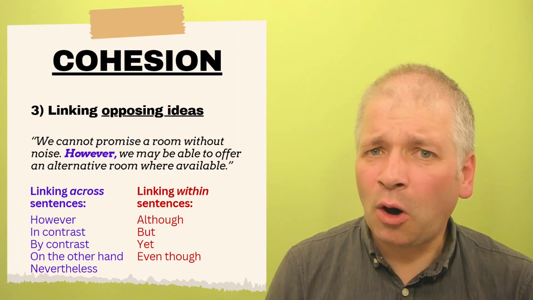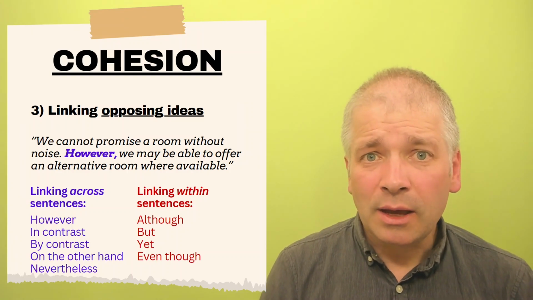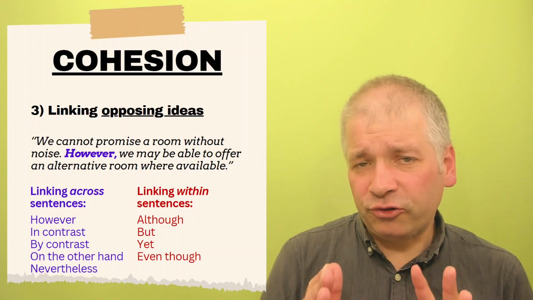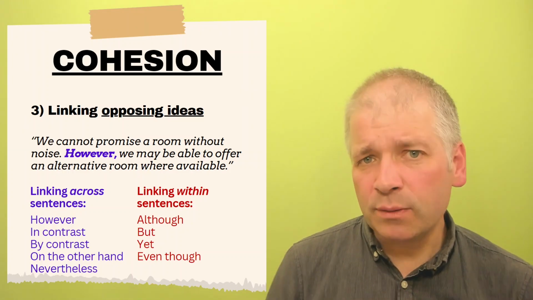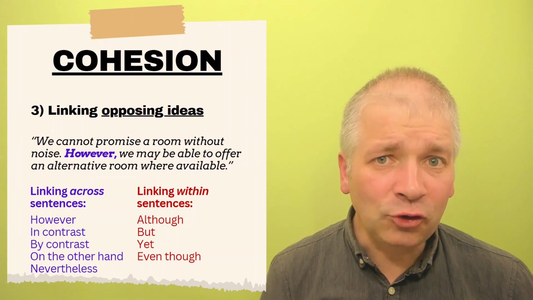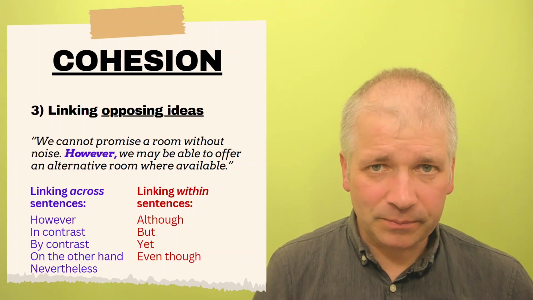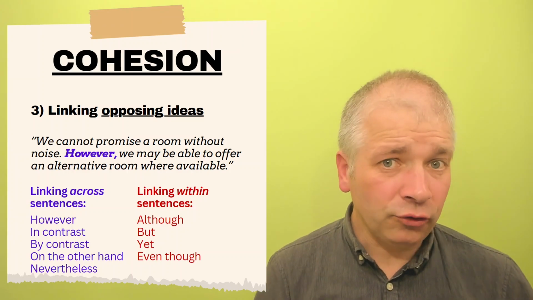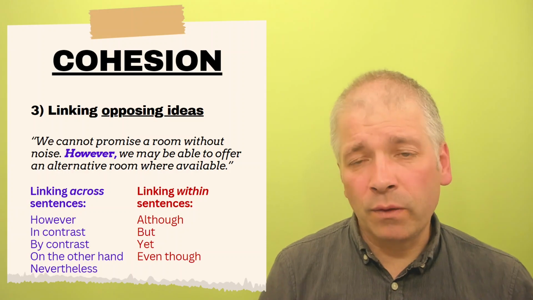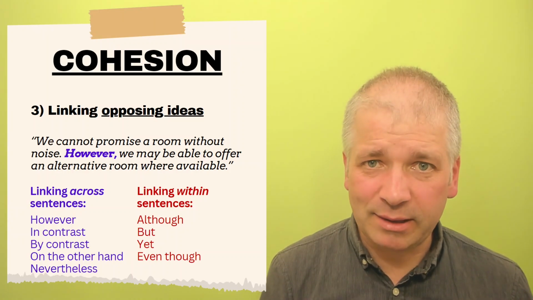There are different types of linkers here that can link across sentences. In other words, they introduce the next idea in a new sentence, or they can link within sentences where you have two clauses joined together by these particular linking words. However, in contrast, by contrast, on the other hand, and nevertheless can link across sentences.